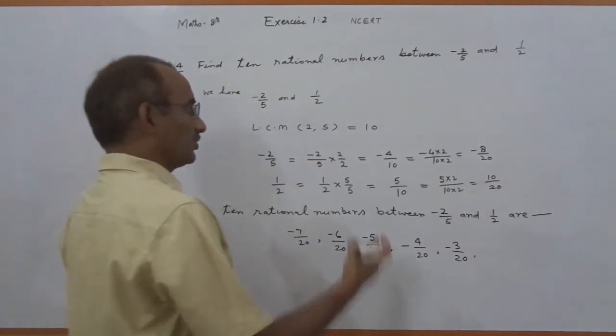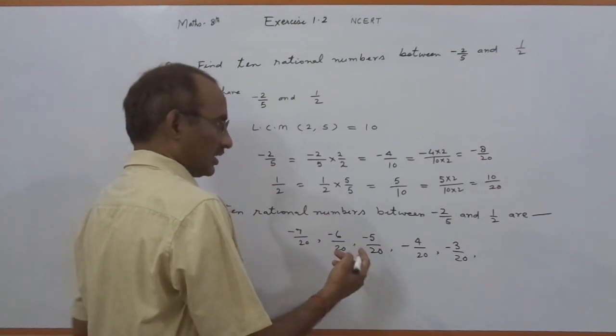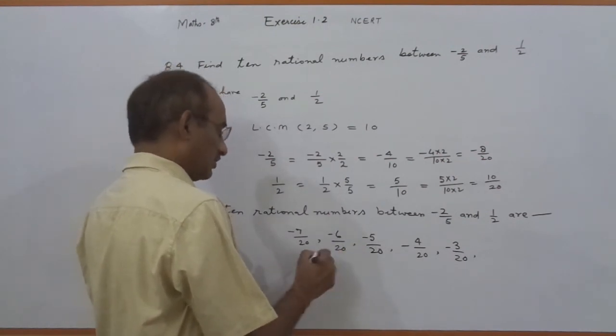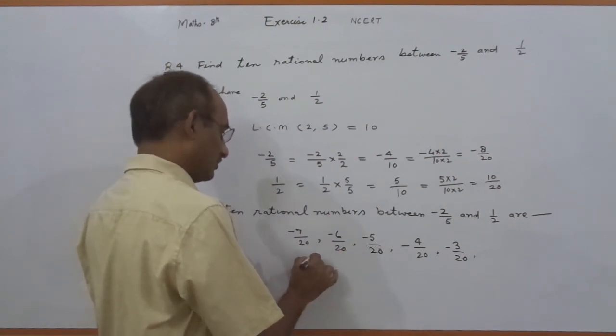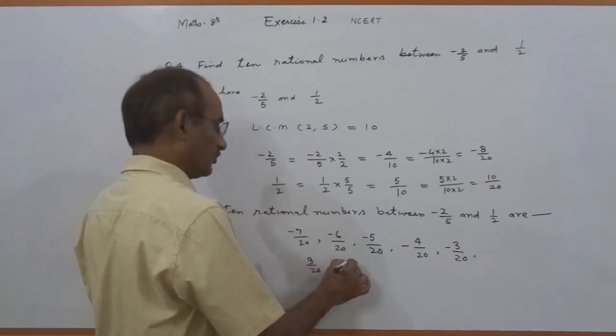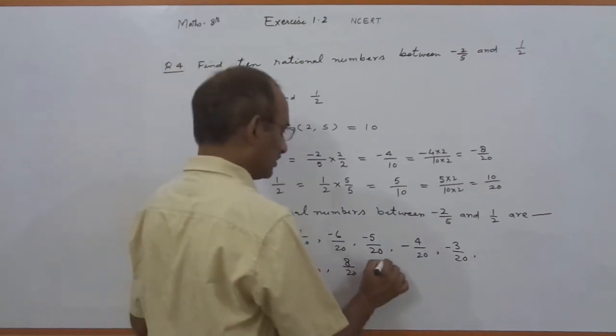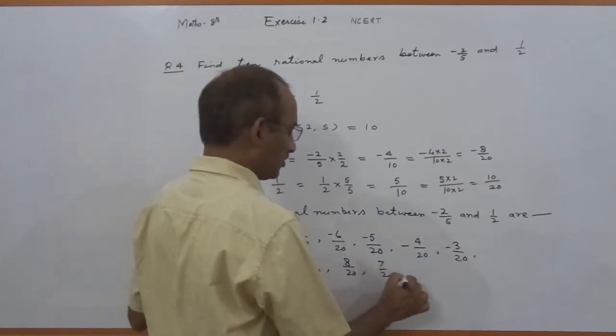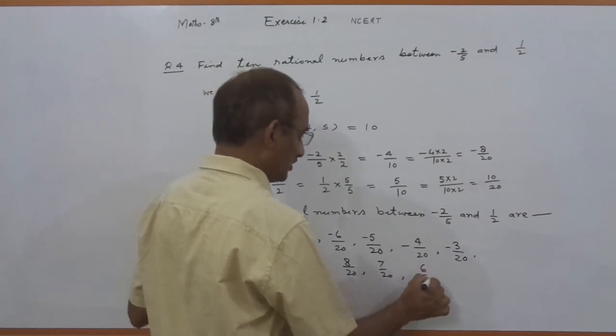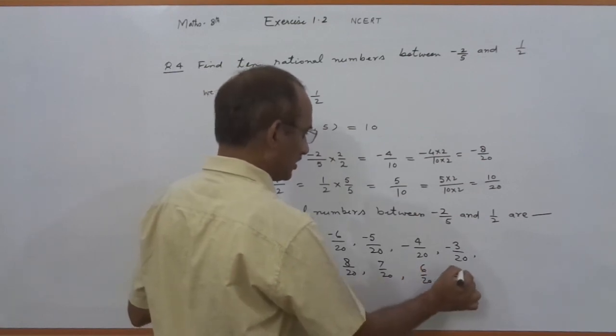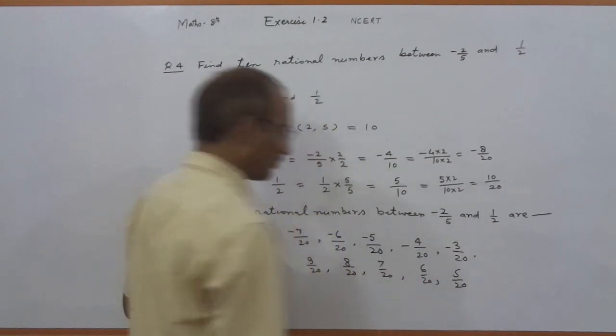And you can also take some positive rational numbers like 9 upon 20, 8 upon 20, 7 upon 20, 6 upon 20 and 5 upon 20.